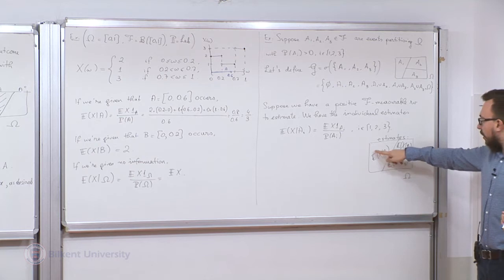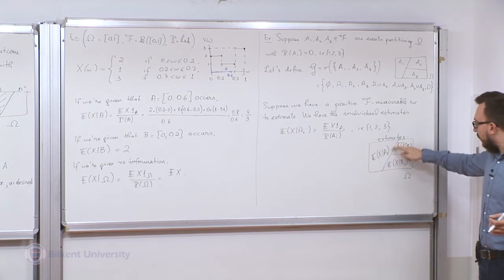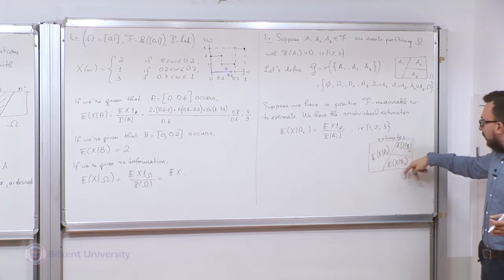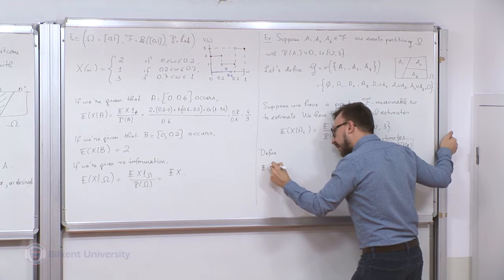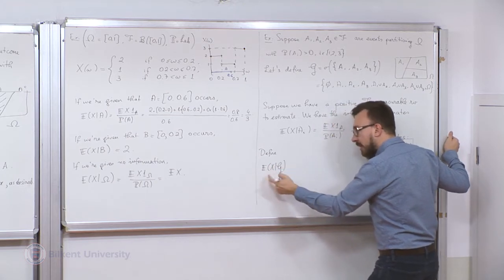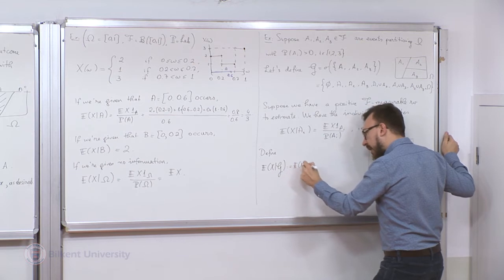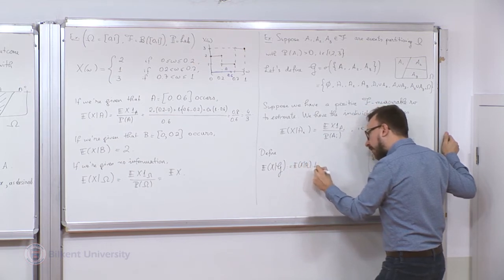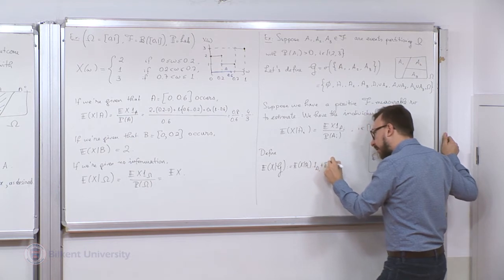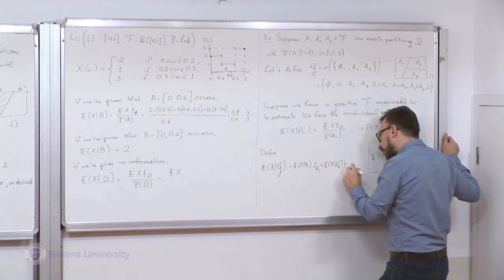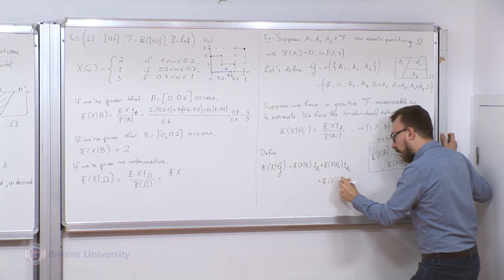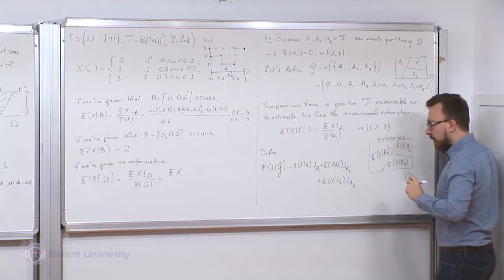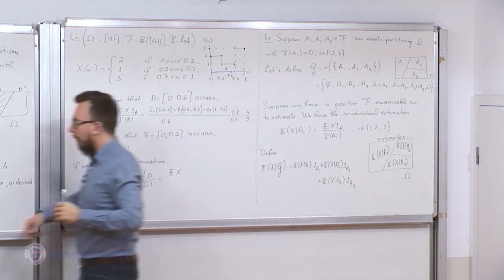Take these as little a1, little a2, little a3, and use them as the values of a simple positive function on this space. So define the conditional expectation of x given sigma algebra G as x given A1 on the set A1, x given A2 on the set A2, and x given A3 on the set A3, right?